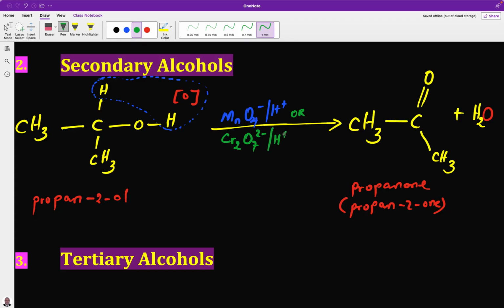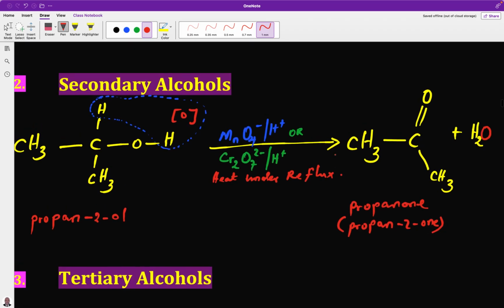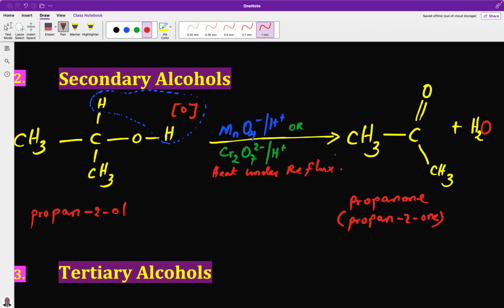Then you have to heat under reflux. Heat under reflux.